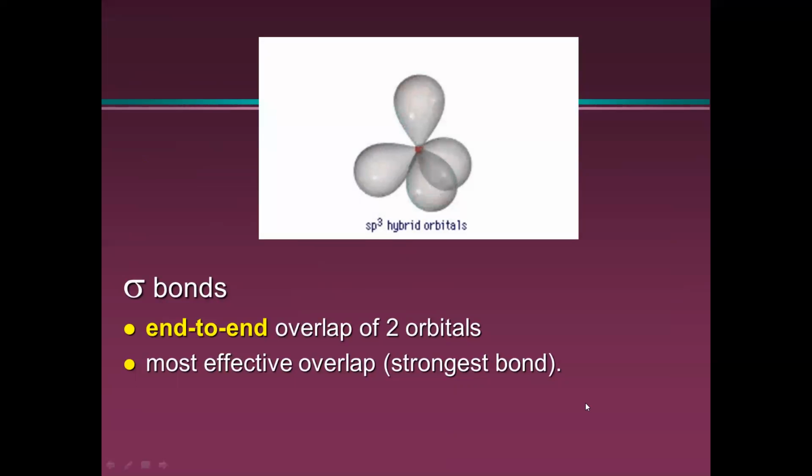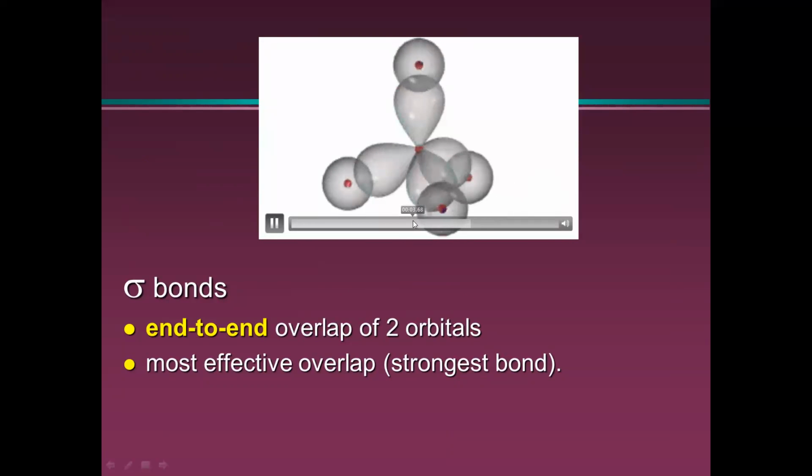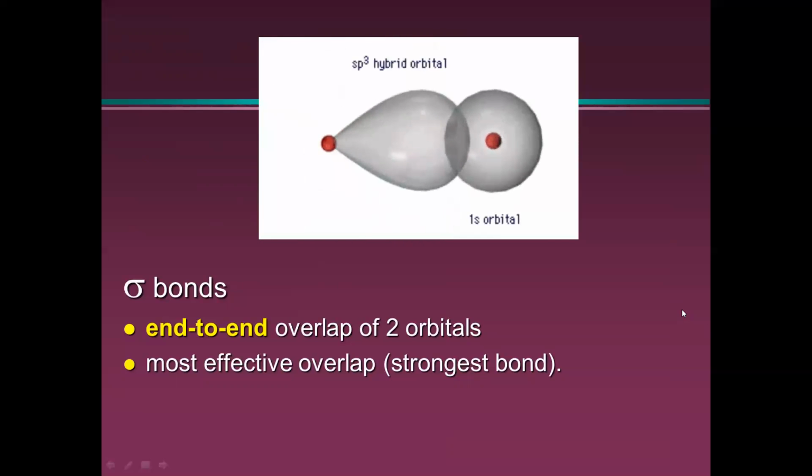A methane molecule forms when 4 hydrogen atoms form sigma bonds to the sp3 hybrid orbitals of the carbon atom. You see, this shows the end-to-end overlap. This is an sp3 hybridized orbital, and this is an s orbital. So you see they form end-to-end, or we can say head-to-head.